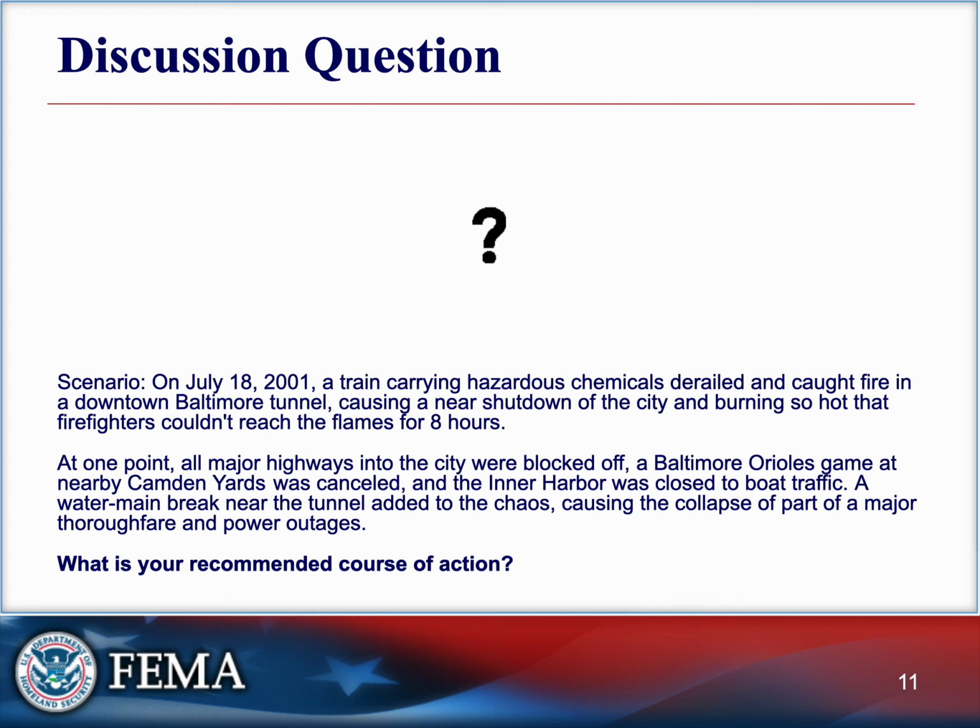Bad news. So what's your recommended course of action? I recognize this might be a lot to bite off and chew at this stage of your academic and your career journey, but think about what ICS positions would be activated. Do you want a PIO? Do you want a safety officer? I think both, yeah.